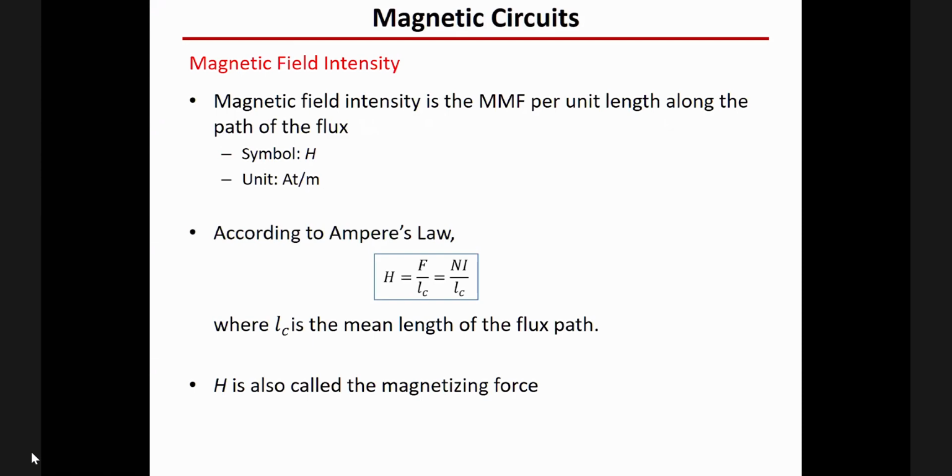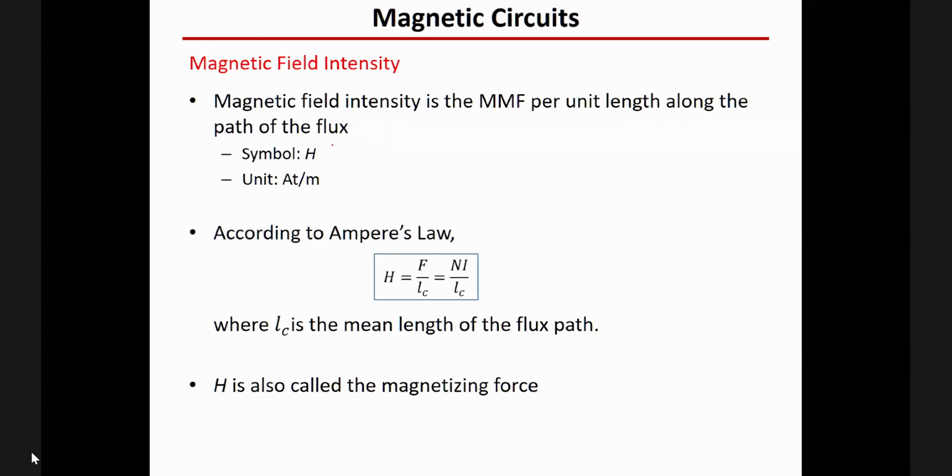Okay. So for the magnetic field, there are also a couple of other factors. One of them is called magnetic field intensity. Intensity has more to do with the length itself, not the area. So it is the MMF per unit length. We know what MMF or F is. If we divide this F by the length of the magnetic core, this will give us the average MMF per unit length, which is called here intensity.